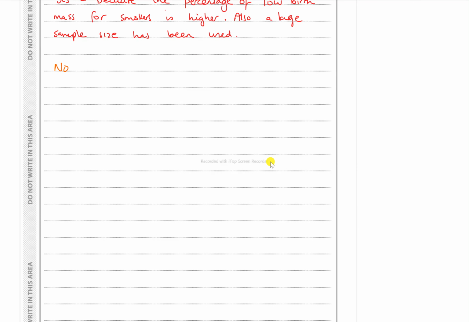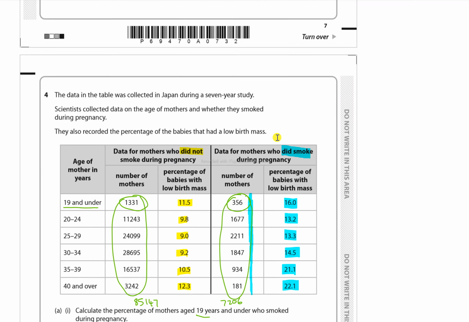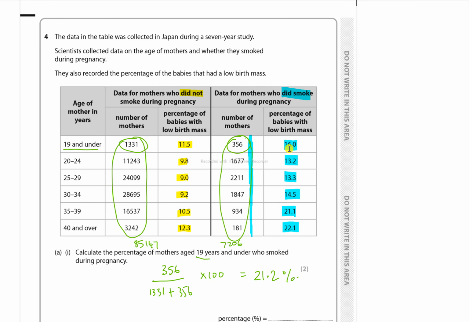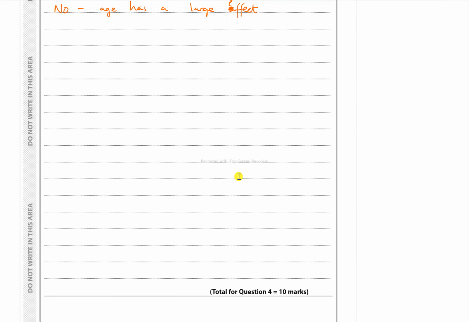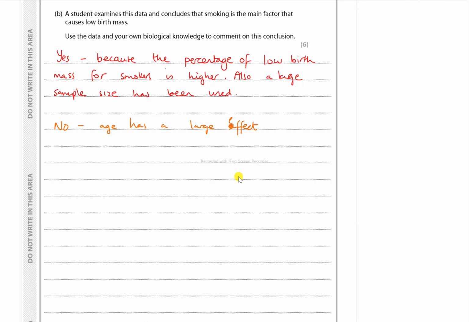So we can say age has a large effect. What's the difference between, that's 50%, that's 100%. It has a large effect.